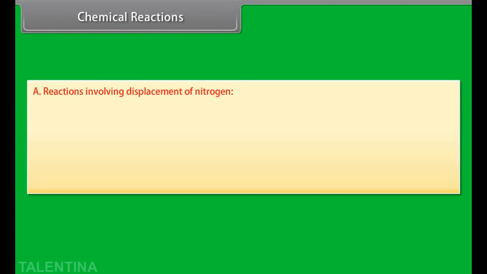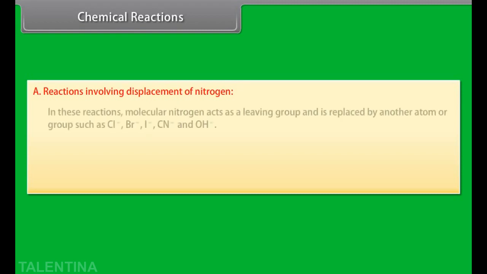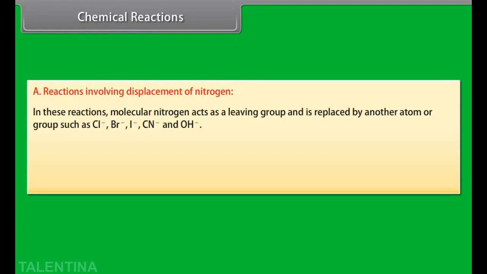Reactions involving displacement of nitrogen. In these reactions, molecular nitrogen acts as a leaving group and is replaced by another atom or group such as chloride ion, bromide ion, iodide ion, cyanide ion, and hydroxide ion. Replacement by halide or cyanide ion.